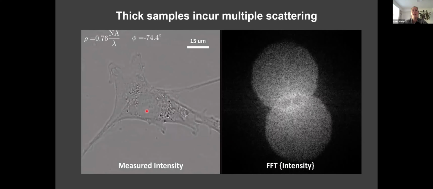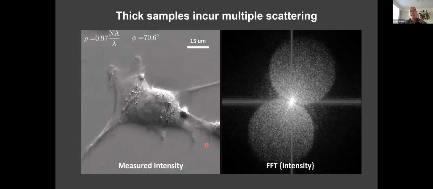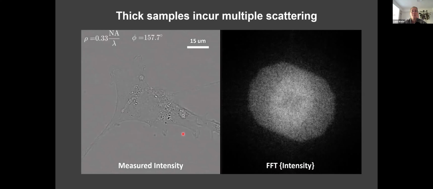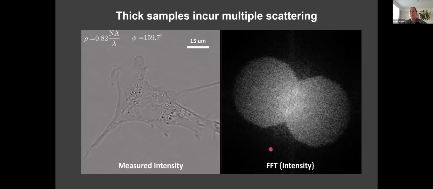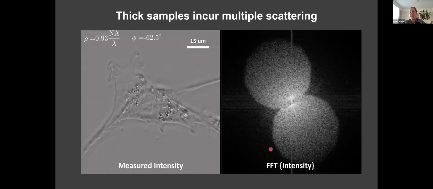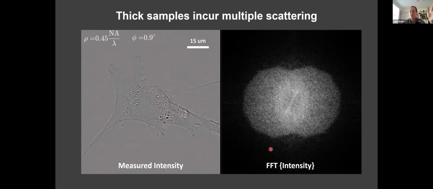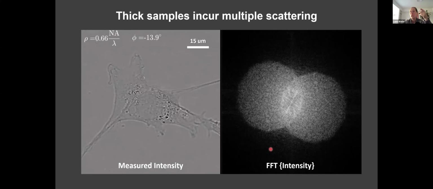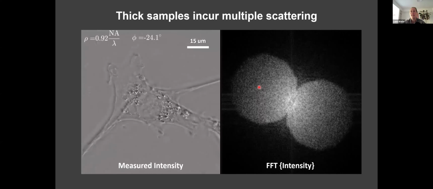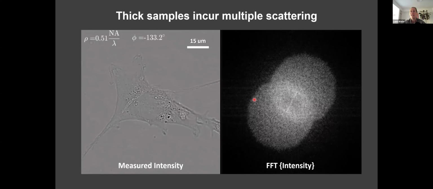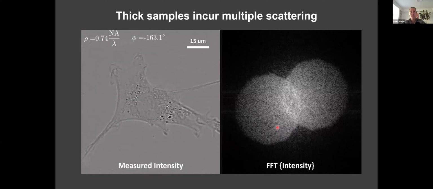But the cool thing I want you to see here is that if I just take the Fourier transform of these captured images as I'm changing the illumination angle, what I see in Fourier space, so this is the Fourier transform of the captured intensity, we're not capturing phase, remember, is these two weird circles that are following the illumination. So my illumination angle is the center of one of these circles. So what's going on here?